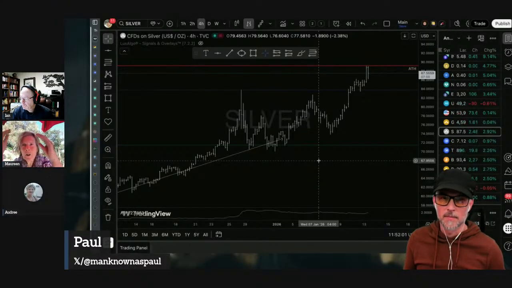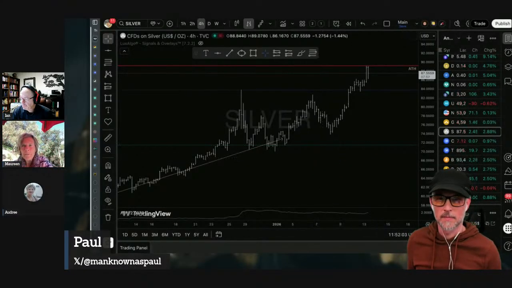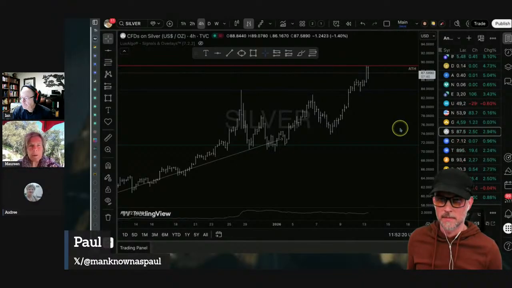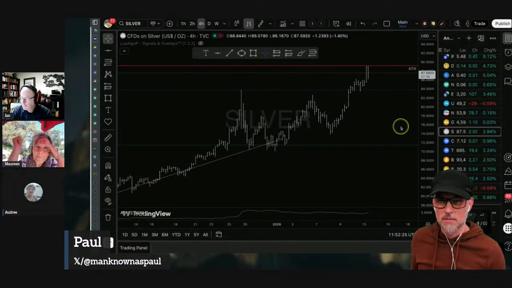ADA's going down, but it's going down in this whole sphere of silver being suppressed, and now all of a sudden silver is not being suppressed anymore. I'm just wondering what will happen to ADA with the silver.